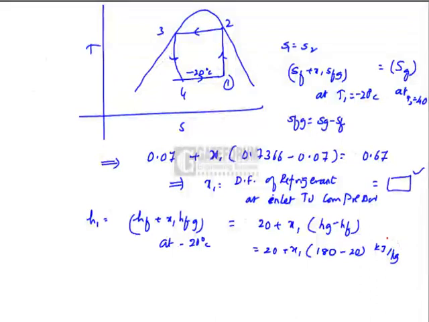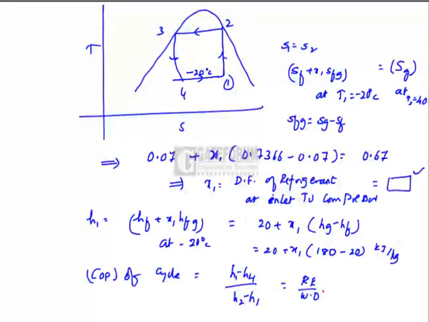After having obtained H1, COP of cycle is equal to H1 minus H4 divided by H2 minus H1, that is refrigeration effect divided by work done.